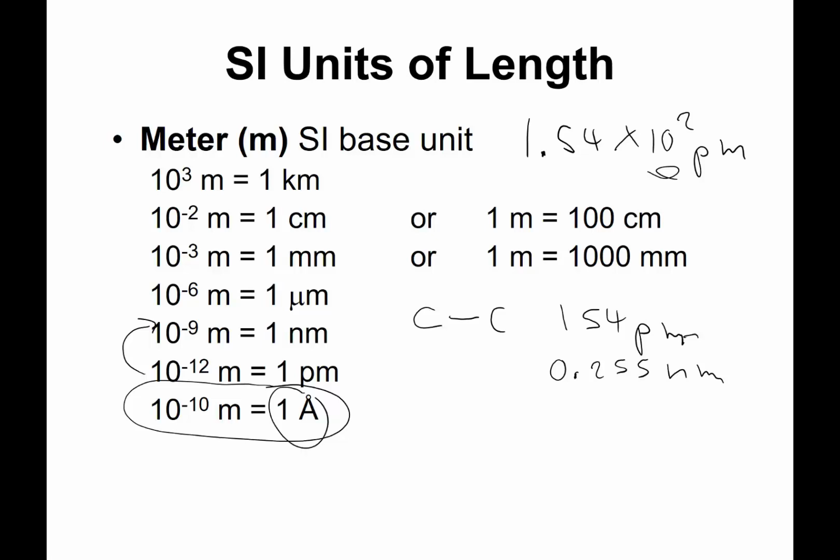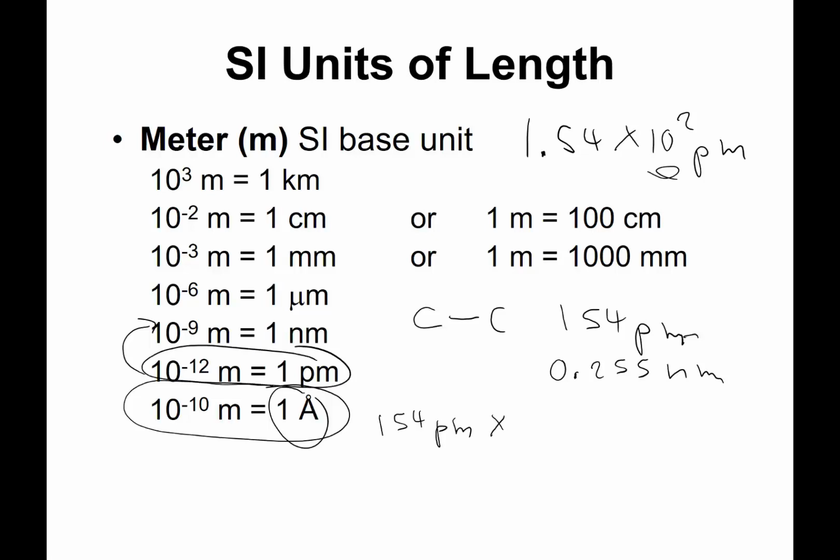That is, if you convert that to angstroms, we have 1.54 angstroms, right? So let me do this real quick. Let's say we have 154 picometers. I'll convert it, right?